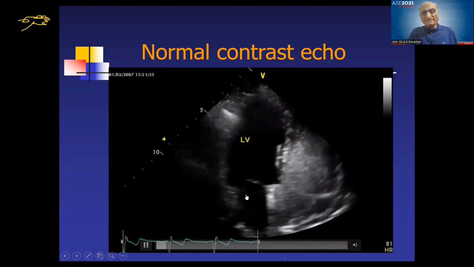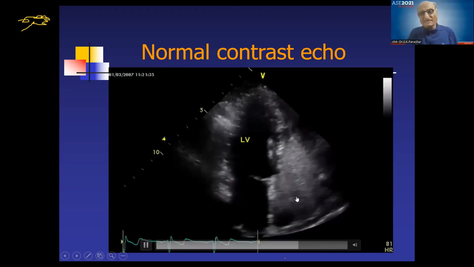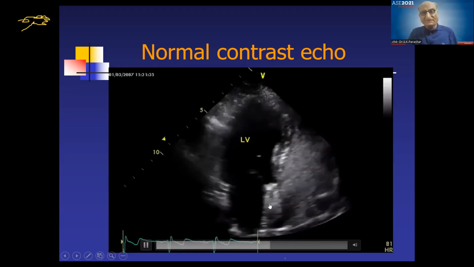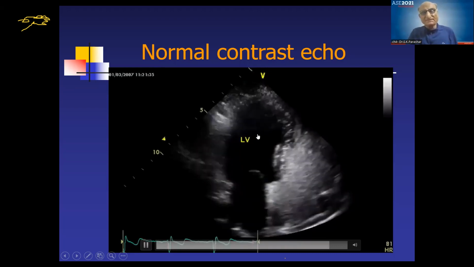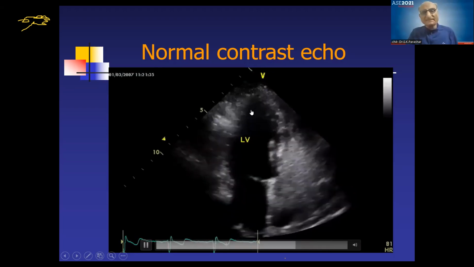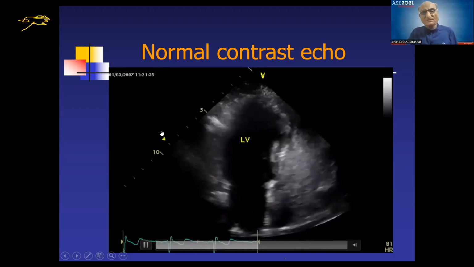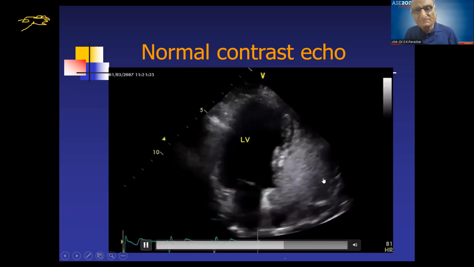Now, suppose there is an atrial septal defect with a right to left shunt, then the contrast from the right atrium will come to the left atrium. That means it is a right to left shunt. Similarly, in a ventricular septal defect, it will come from the right ventricle to the left ventricle. So depending upon the site of the shunt, and if it is a right to left shunt, because only a right to left shunt will produce cyanosis accordingly.